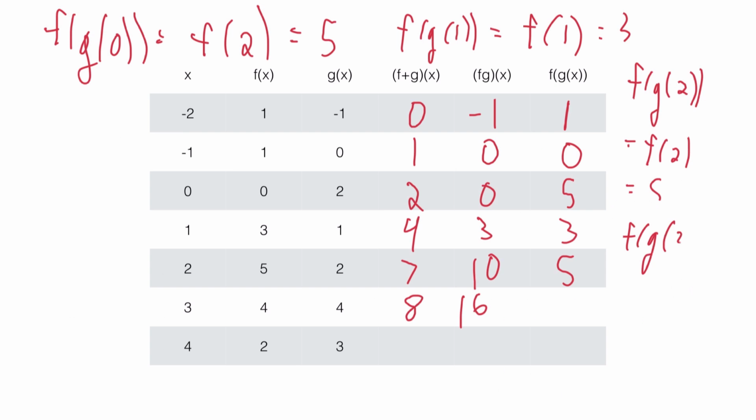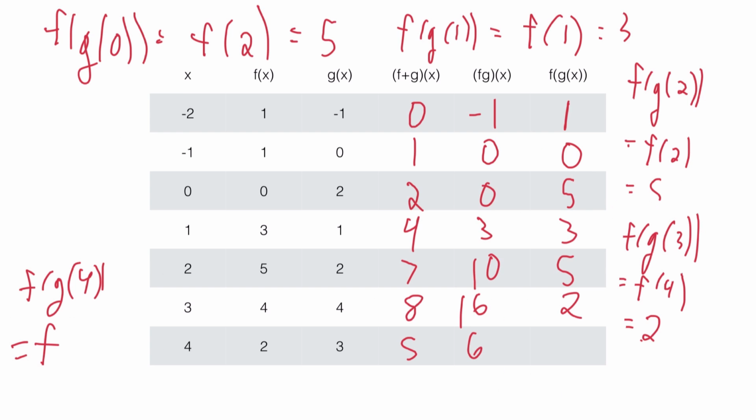F of g of 3 is equal to f of 4, so 2. And last row, 2 plus 3 is 5, 2 times 3 is 6, and f of g of 4 is f of 3, which is 4.